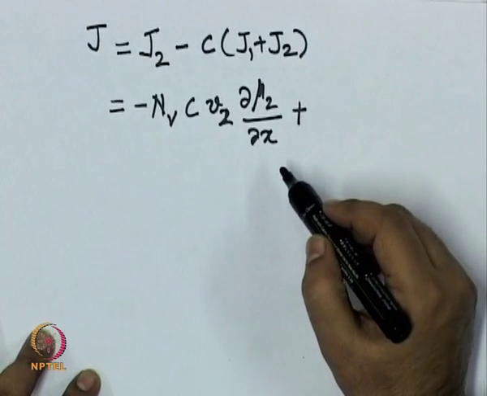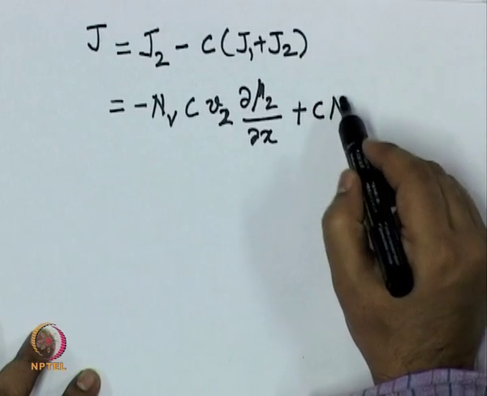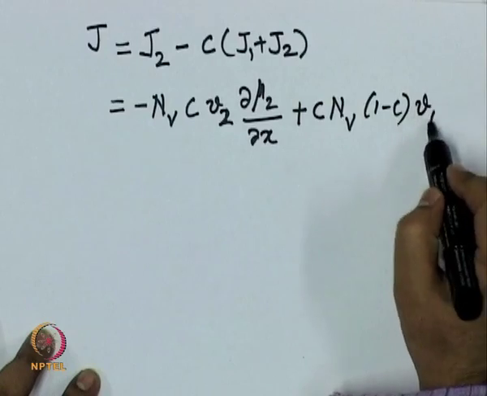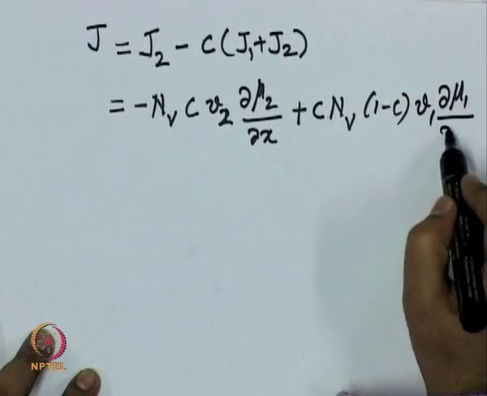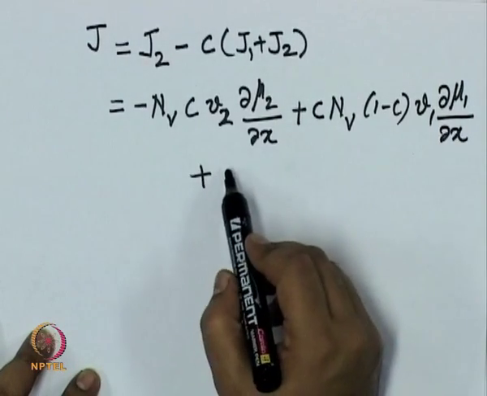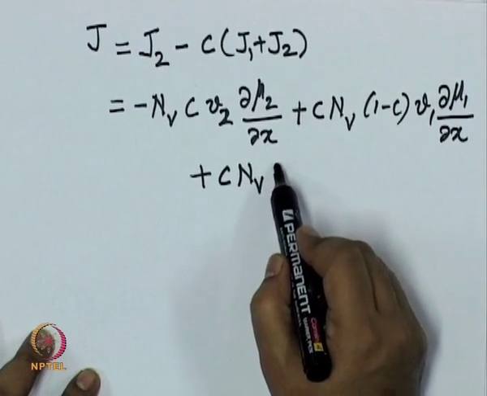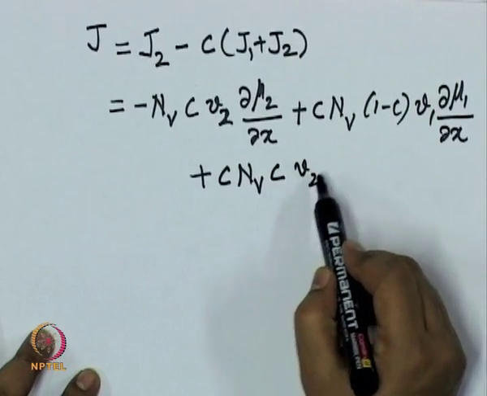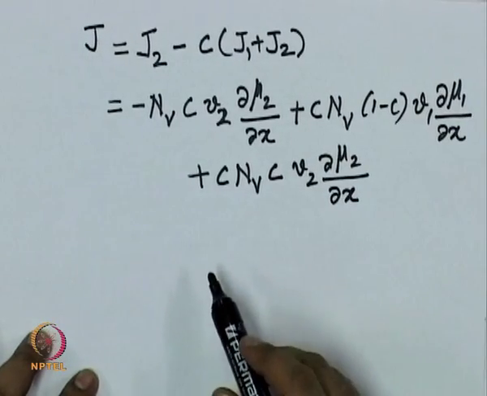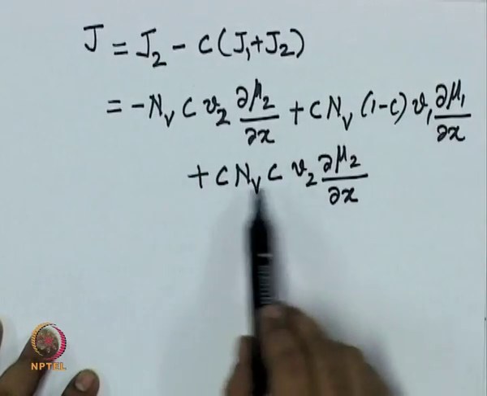So that is going to become C times N V times 1 minus C times V1 times dou mu 1 by dou x. So that is the J1 part, and for J2 we are going to have C N V times another C V2 times dou mu 2 by dou x. So, this is the expression for J2 minus C times J1 plus J2.